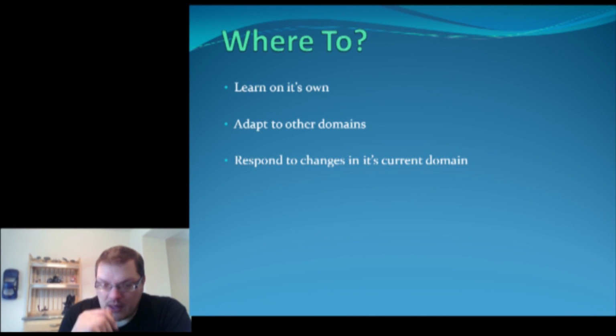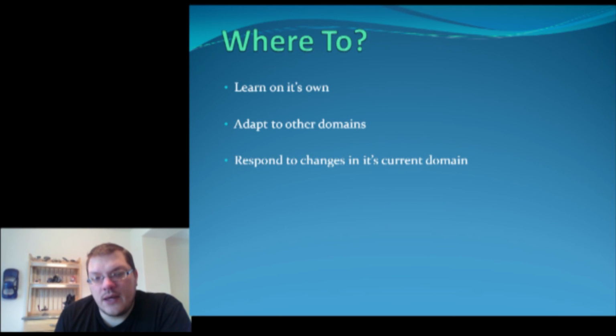It can say, well, I can recognize this high-level domain, and that allows me to know that these words that I've seen before aren't meaning what they mean in that domain, they mean what they mean in this domain. And then, of course, how does it respond to dramatic changes in its current domain?